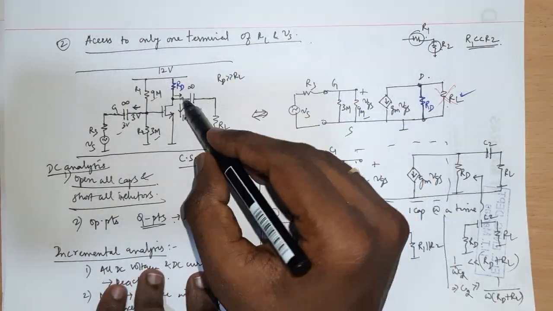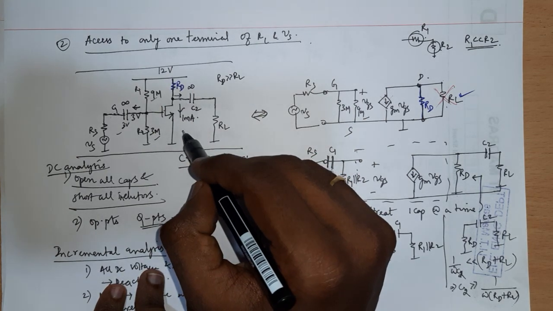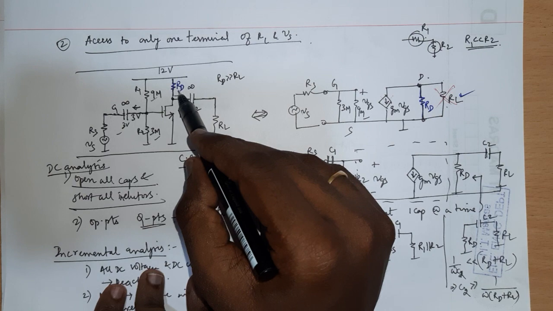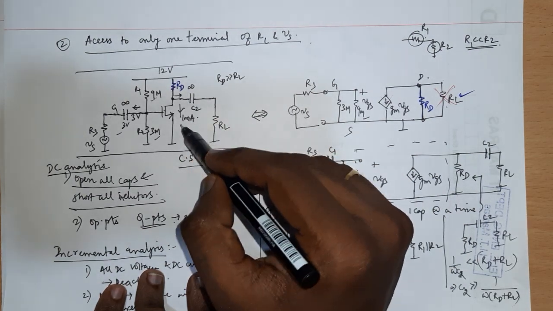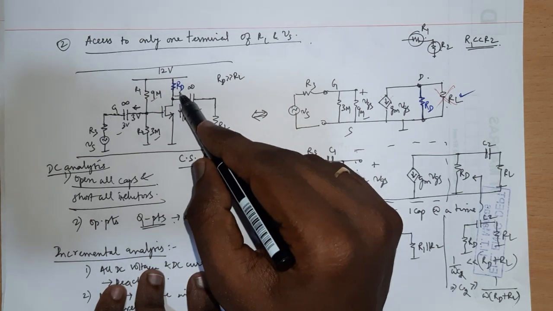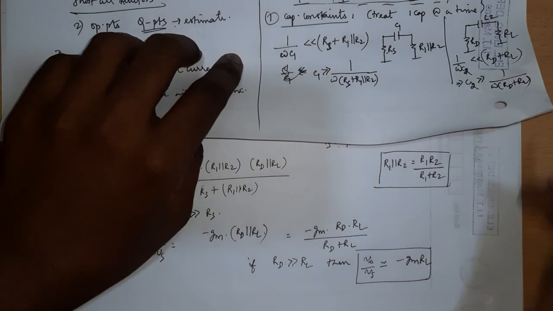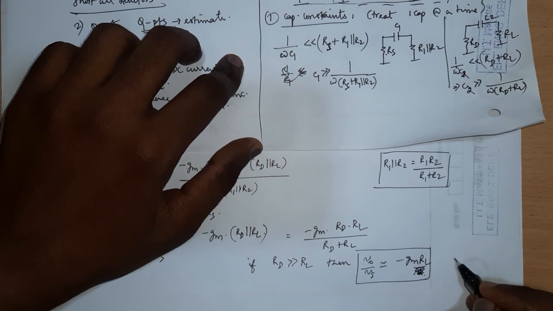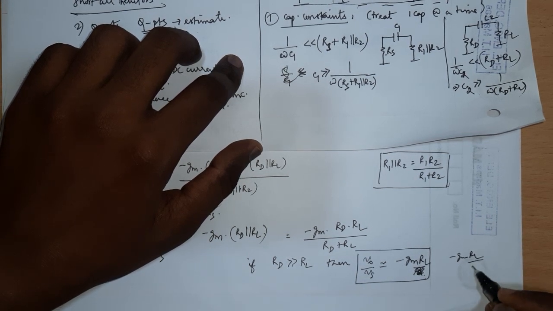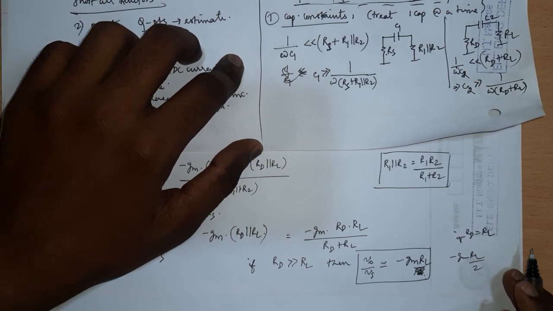First of all, what is the RD that I can choose here? In order to have 1 milliamp, I should choose only 10 kilo ohm, because earlier RL was 10 kilo ohm and I got 1 milliamp. Now RD also should be 10 kilo ohm. So in that case RD and RL are the same, and the gain would be minus gmRL by 2 if RD equals RL.